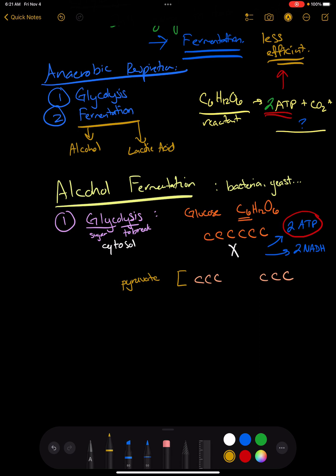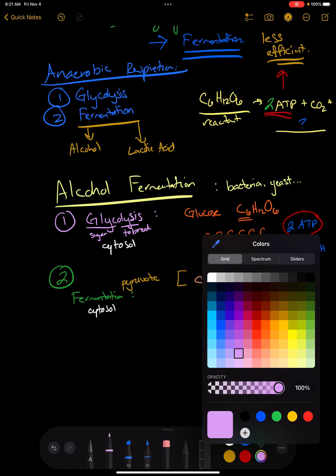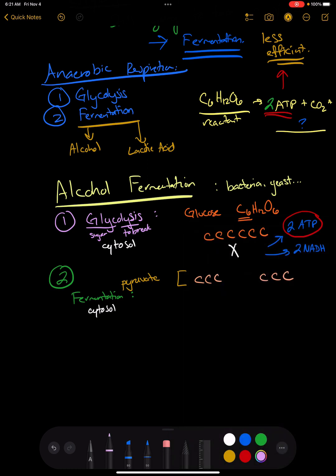Then, after that, because there is no oxygen available, I go immediately into step 2. And step 2 is fermentation. And so what I'm going to do in fermentation, which is still happening in my cytosol, is take those 2 pyruvates and turn them into something else.